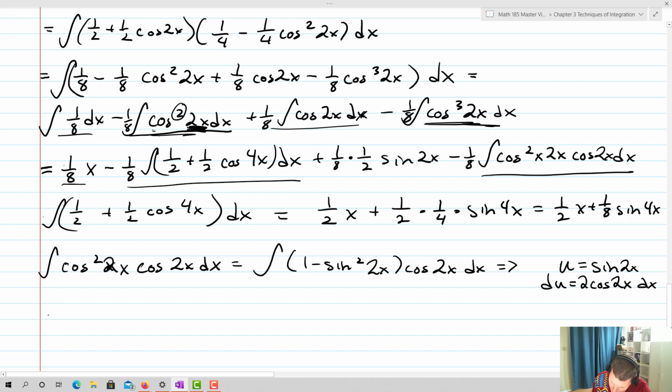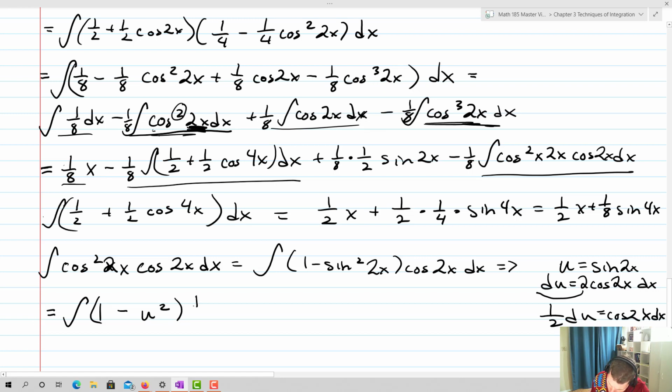So this is going to then give me equals 1 minus u squared. We've got to pull over 2, so this is going to be actually 1/2 du equals cosine 2x dx. So we'll come back here.